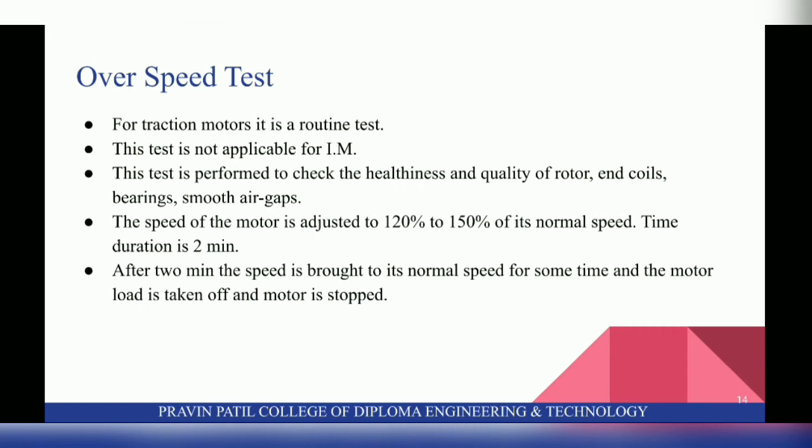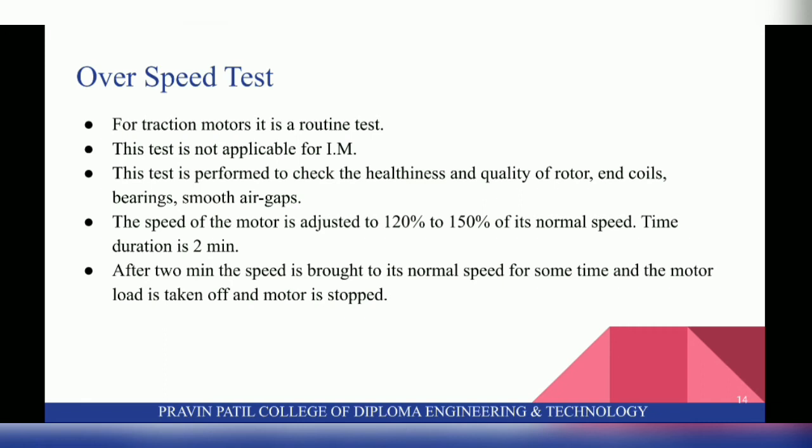Next test is the overspeed test. For a traction motor, it is a routine test. This test is not applicable for an induction motor. It is performed to check the healthiness and quality of the rotor, end coils, bearings, and smooth air gaps. The speed of the motor is adjusted to 120% to 150% of its normal speed. Time duration is 2 minutes.